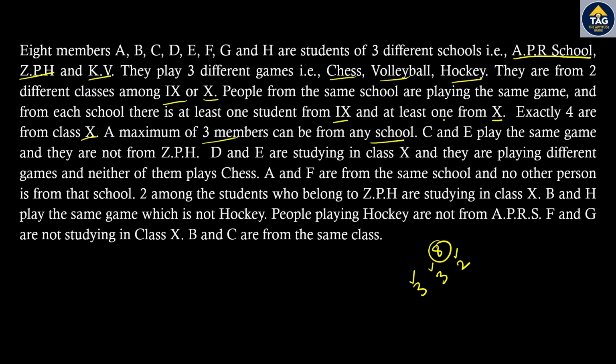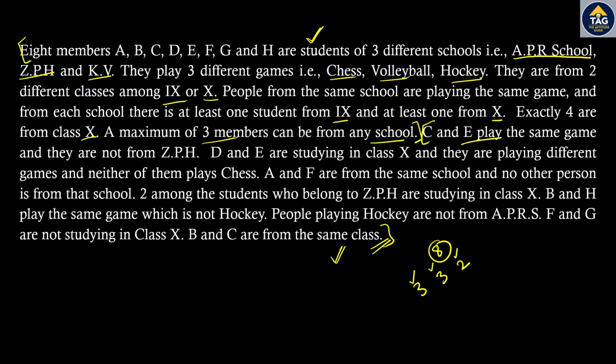I want you guys to remember the information that we discussed till now. This is the main body of the question, and this is the given information. Along with this information, we need to solve the puzzle. We need to remember that in any given school, there should be at least 1 student from class 9th and at least 1 student from class 10th, and not more than 3 members from any particular school.